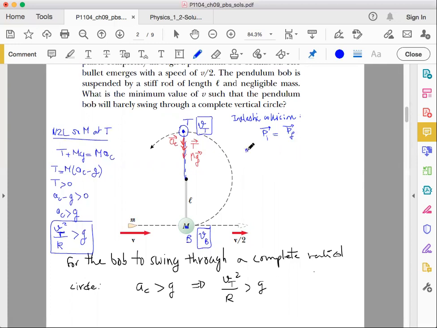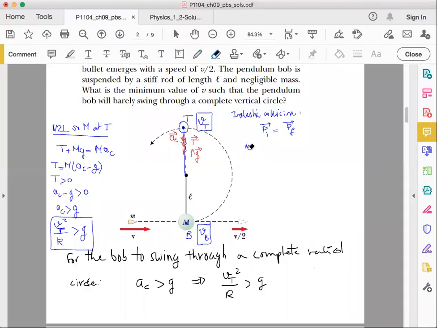So we end up with the mass m multiplied by the speed of the bullet, or let's just detail a little bit. Let's call the bullet 1 and the bob 2, particles 1 and 2.